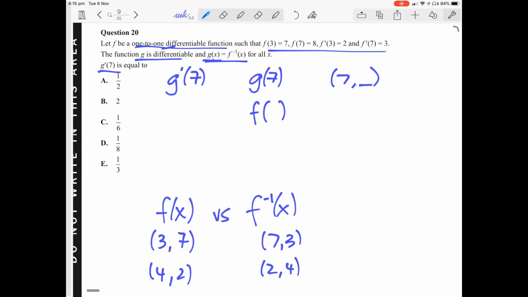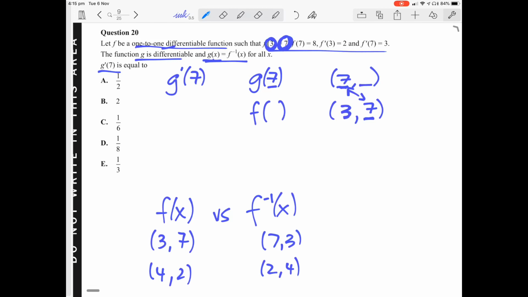So from there, if I want to find g of 7, if x was 7 in my inverse function, then in my original function, y has to be 7, because they've swapped when we've gone to an inverse. Here our y value is 7. That means that our x value must be 3.